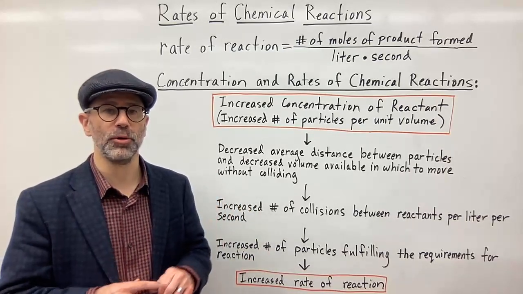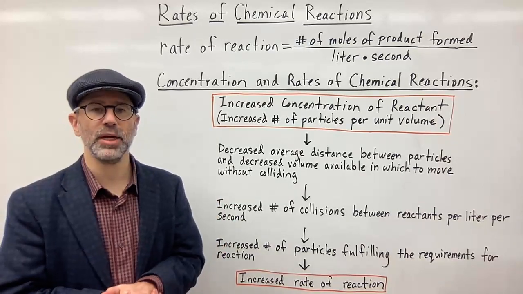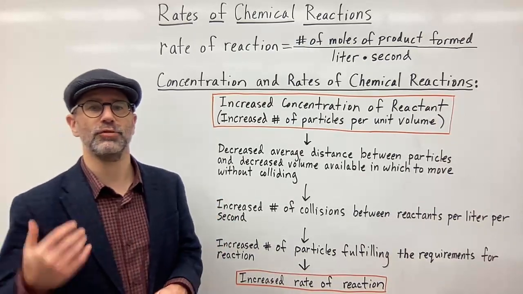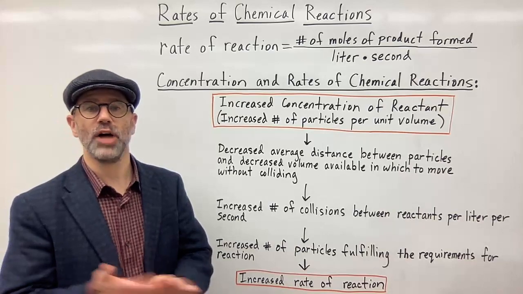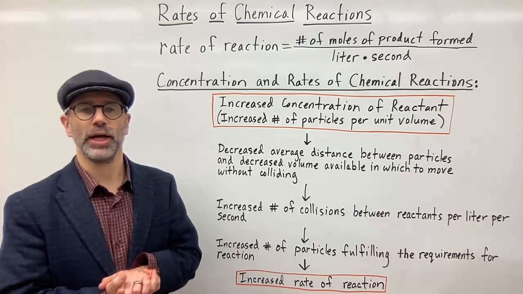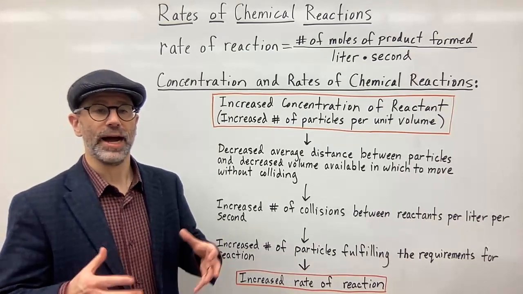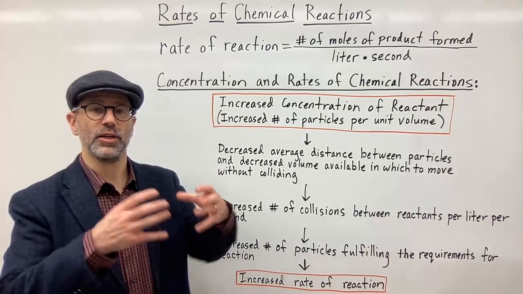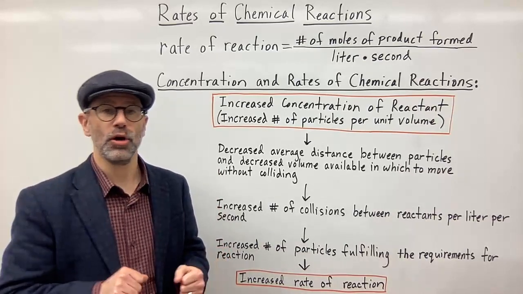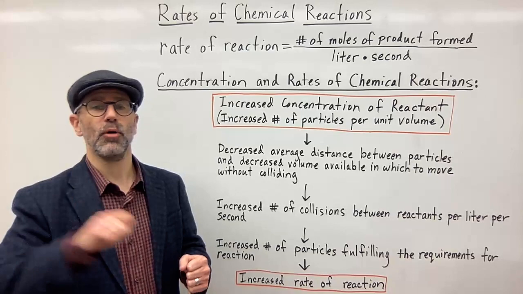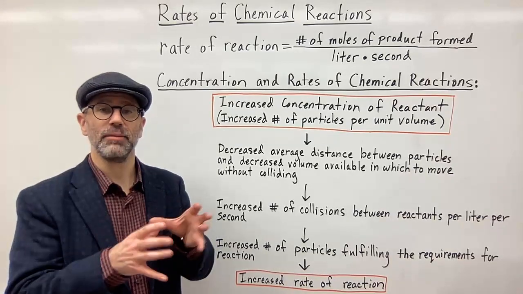So for example, if I'm increasing the concentration of sugar in my soft drink or in my Kool-Aid, right? I have a glass of the Kool-Aid. I just put in more sugar, right? I put in more Kool-Aid into the same volume.